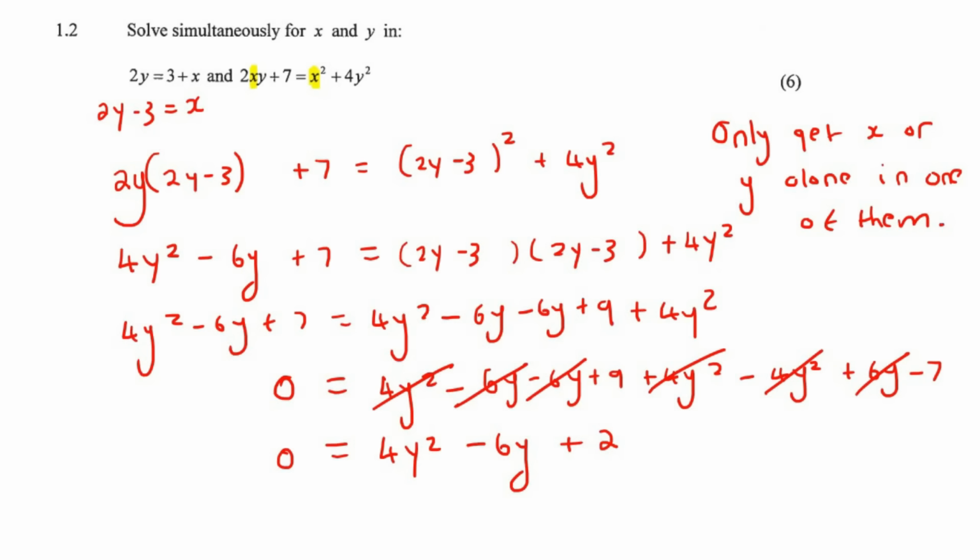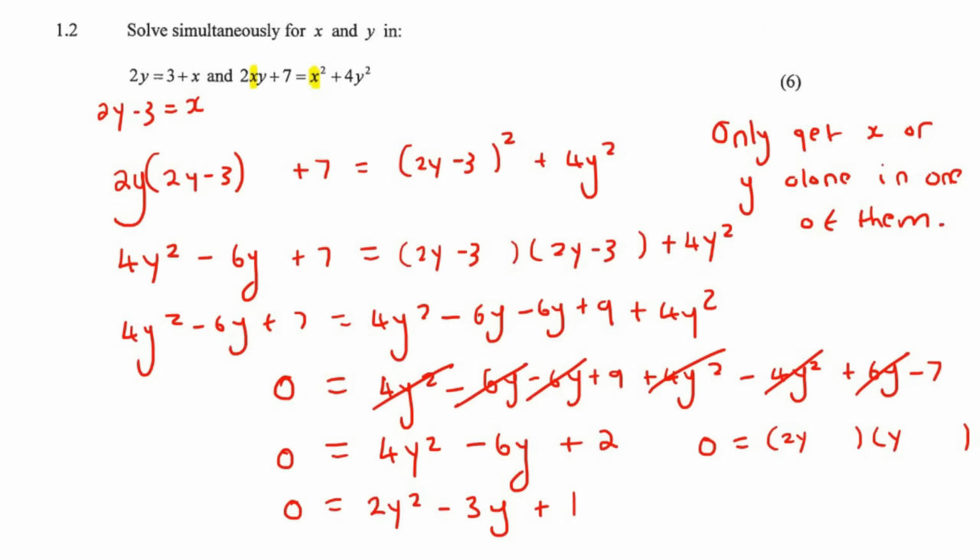Now, you can factorize a 2 out if you wanted to. So maybe let's do that, but you don't have to, right? At this step, you could use the quadratic formula. You could do anything right now, but I'm going to just take out a 2. So I'm going to divide everything by 2. So this will become 2y squared minus 3y plus 1. This one can factorize, so that's going to give us 2 brackets, and it's going to be 2y and y.